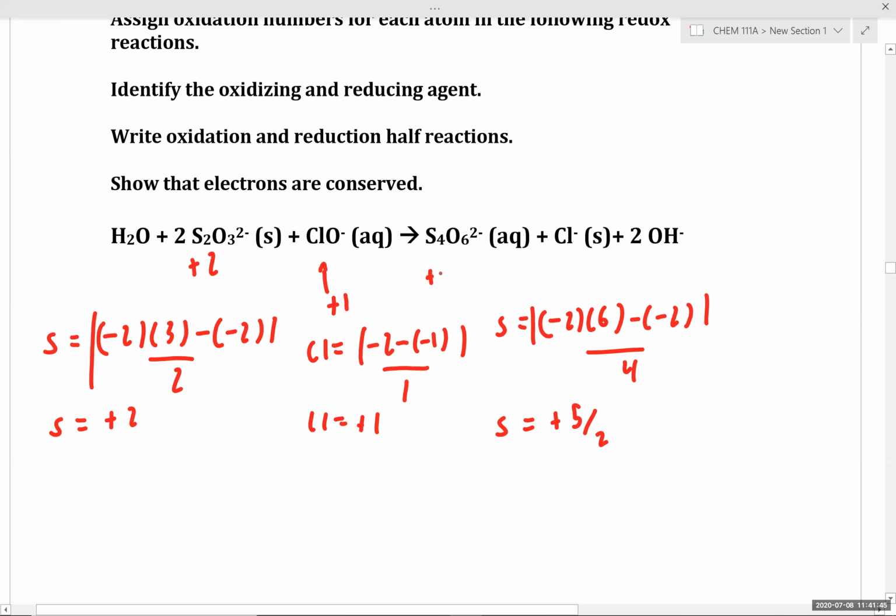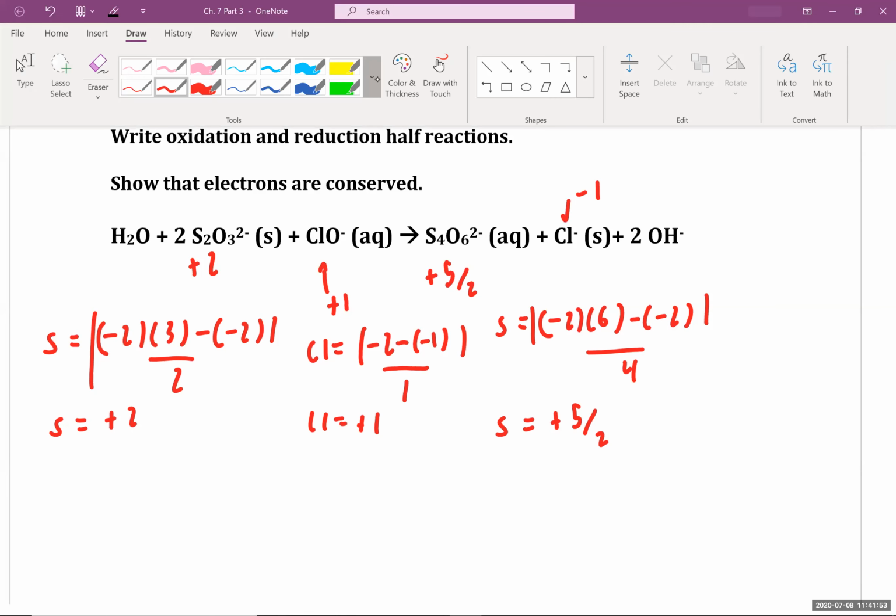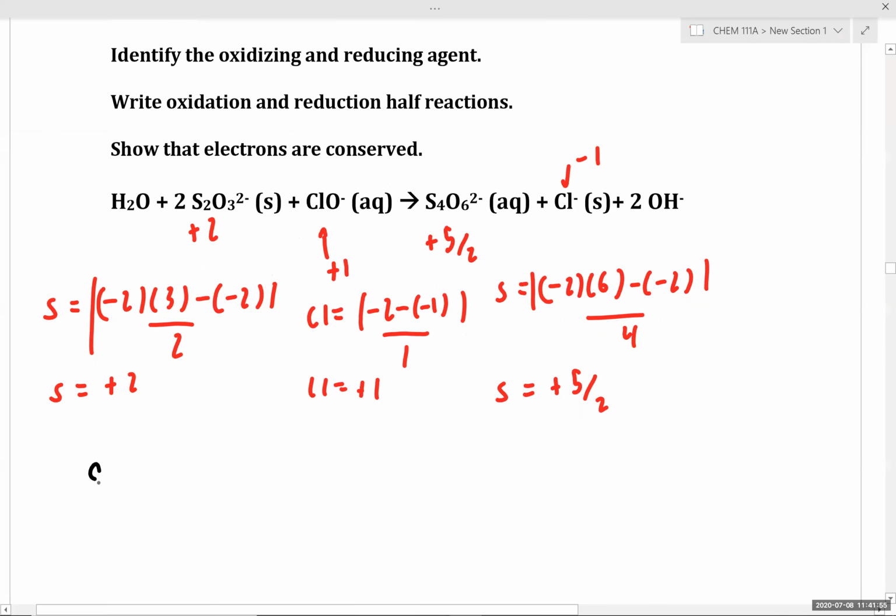Okay, so after a few exciting oxidation number examples, chlorine is easy. It's just -1. Let's start off by looking at our oxidation half reaction. In our oxidation half reaction, we're losing electrons. What species is found in our oxidation half reaction?